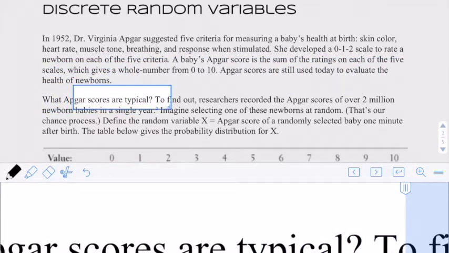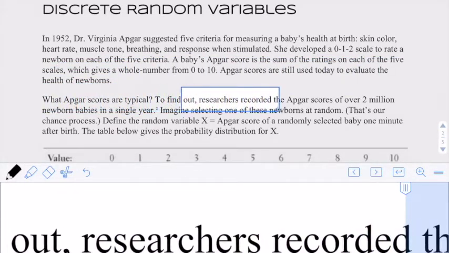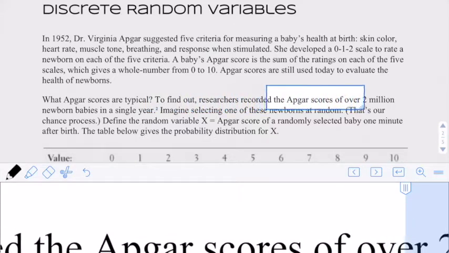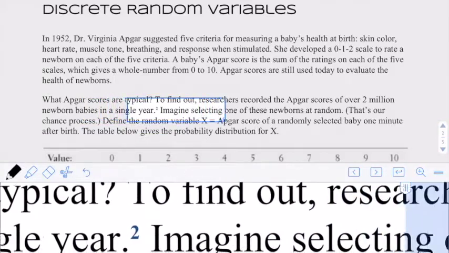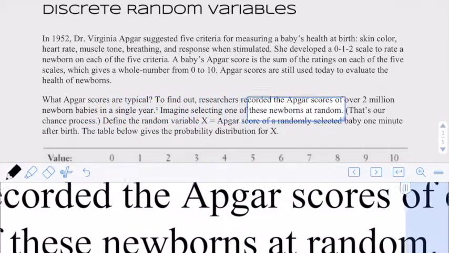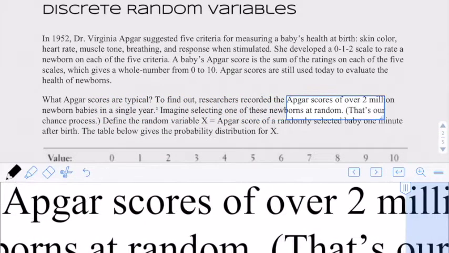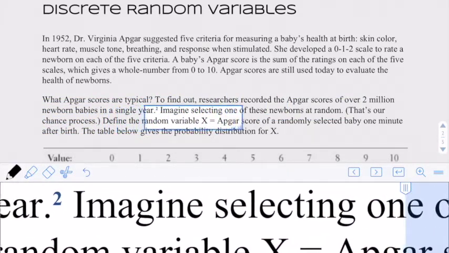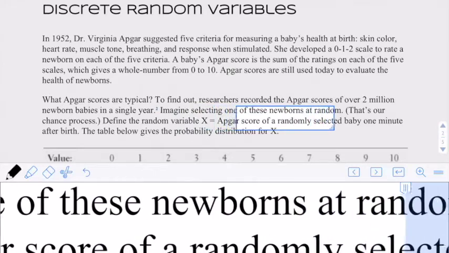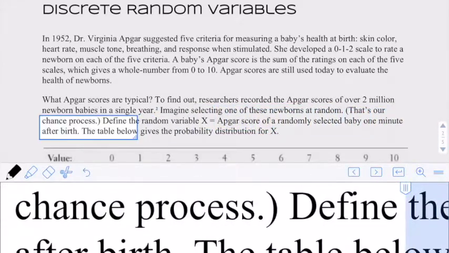What Apgar scores are typical? To find out, researchers recorded the Apgar scores of over 2 million newborn babies in a single year. Imagine selecting one of those newborn babies at random. That's our chance process. Define the random variable x equals the Apgar score of a randomly selected baby 1 minute after birth.